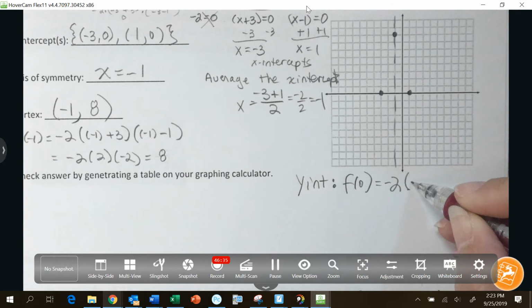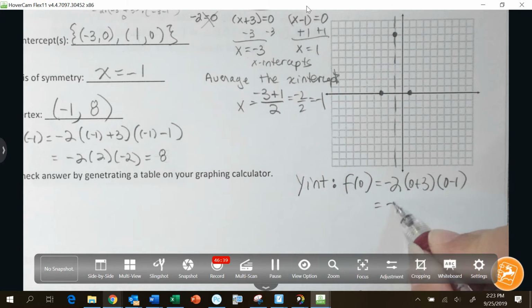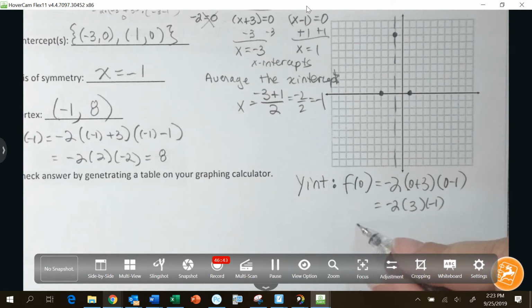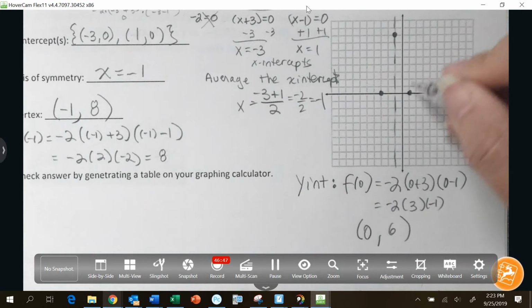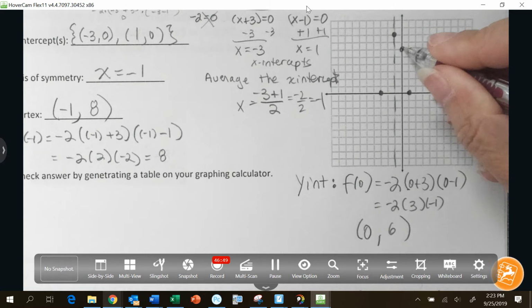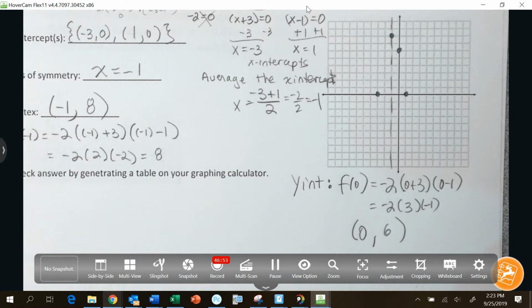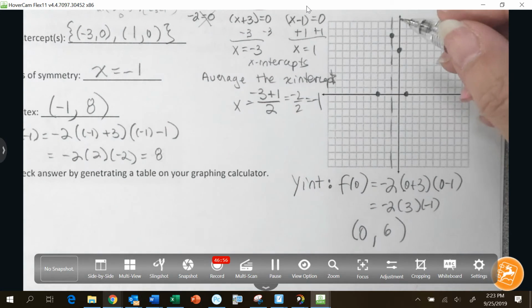Negative 2 times 0 plus 3 times 0 minus 1. So I get 6. And when I graph that, that makes sense. And I also have a point that is a reflection point.